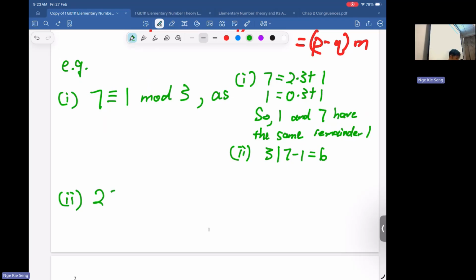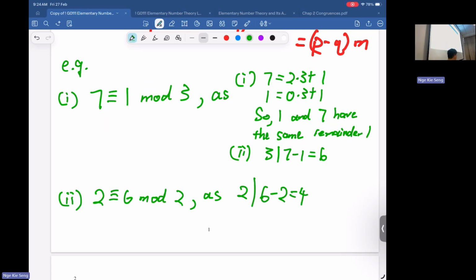Whether 2 is congruent to 6 mod 2 or not? Yes or no? Yes. Why? Sorry, maybe you can speak louder. 6 minus 2 equals 4, and then 2 divides 4.